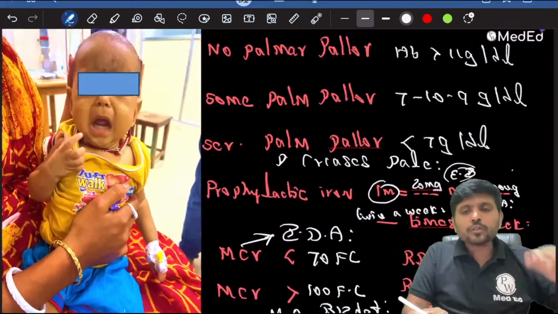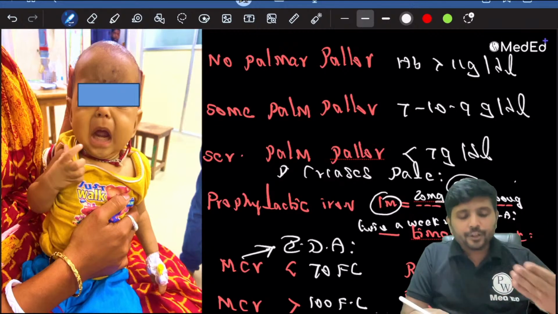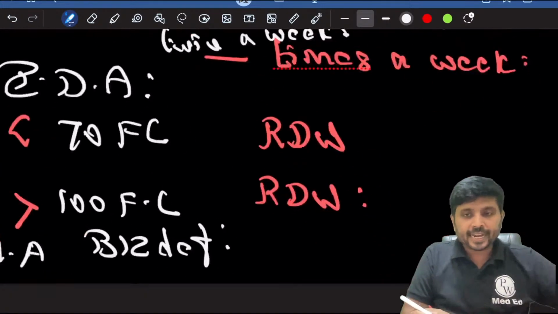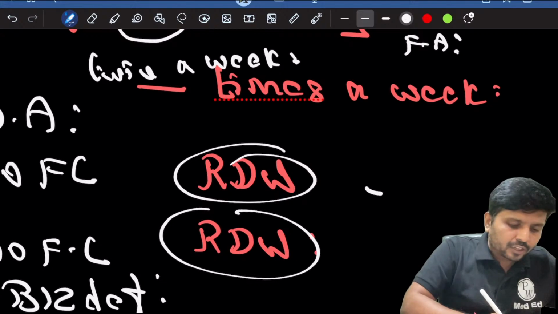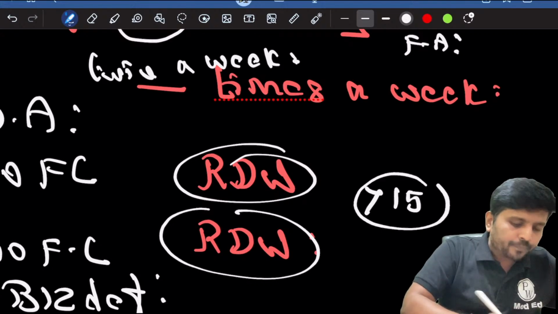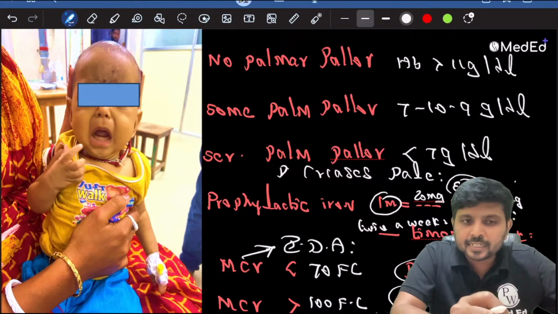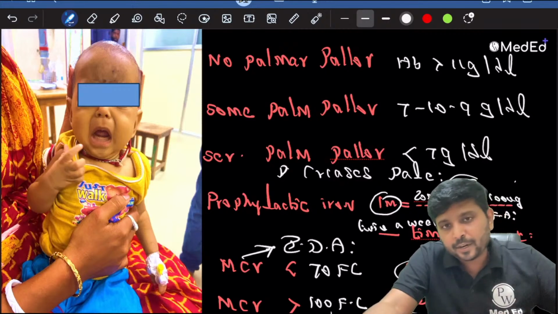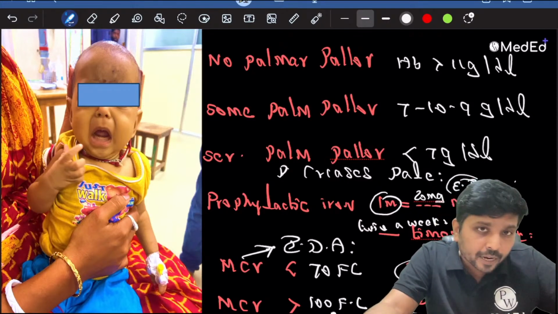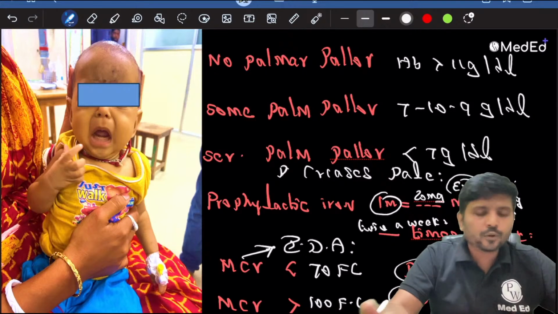Both iron deficiency anemia and B12 deficiency are nutritional anemias, and all nutritional anemias are characterized by a red cell distribution width of more than 15. So: some palmar pallor, no palmar pallor, severe palmar pallor. Facial pallor can also be included.